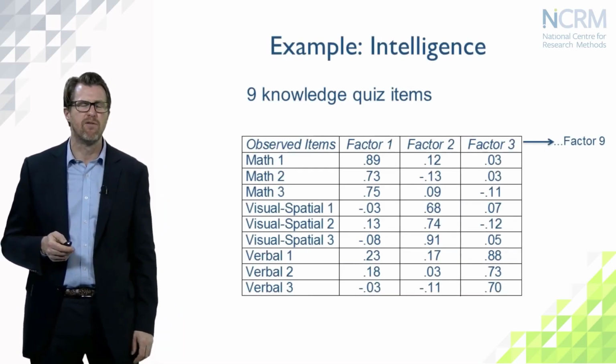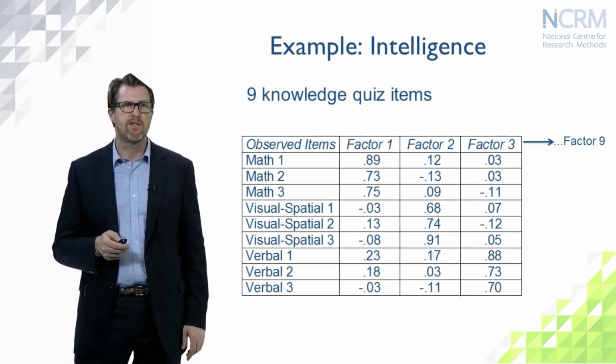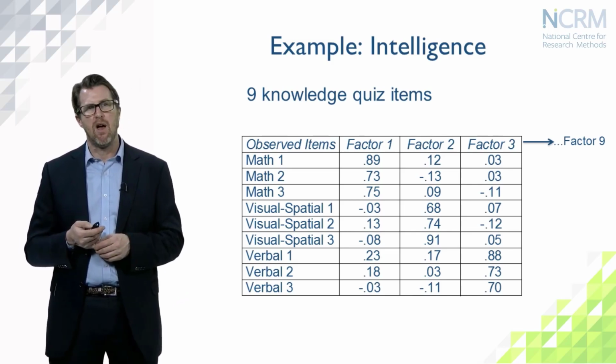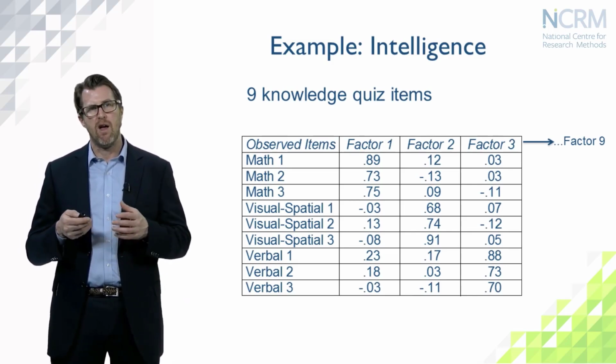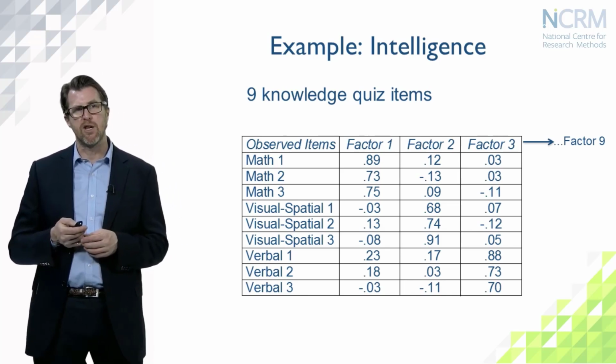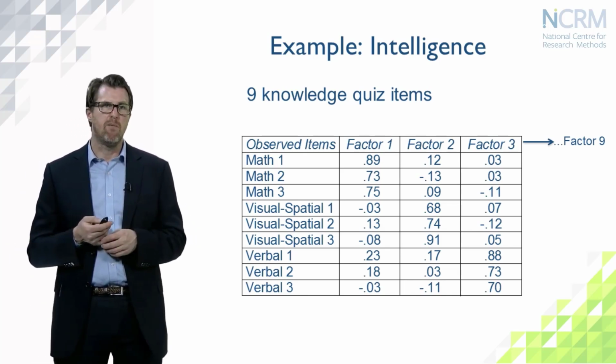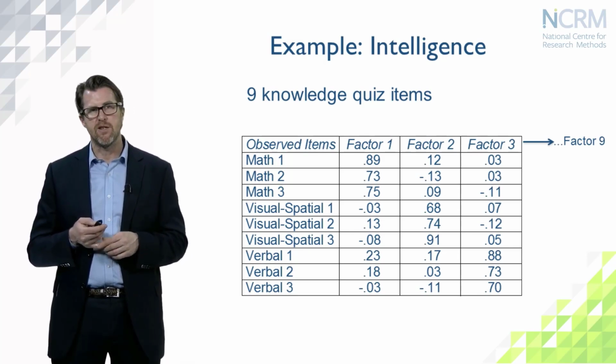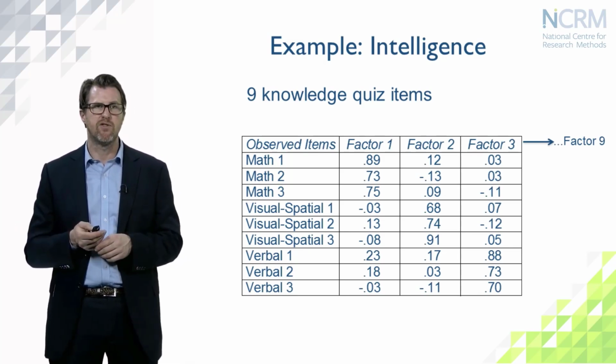Now, to give an example of what I mean by some of those previous points, here's some made up data, and we have 9 observed items, and these are, if you like, knowledge quiz items that have been administered to a sample of children.